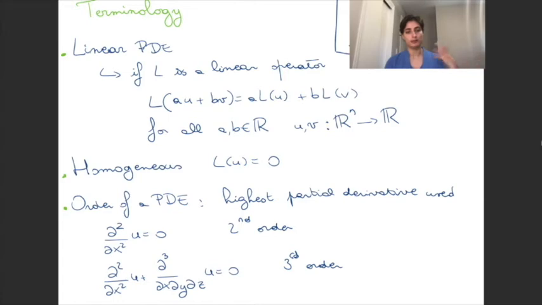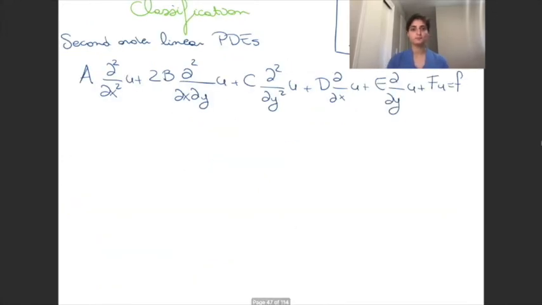So for example, second derivative of u with respect to x is a second order PDE. Second derivative with respect to x of u plus third derivative with respect to x, y, and z of u equals 0 is third order because your second term is of higher order than your first term, even if the second term is mixed. We will spend a lot of time, pretty much all the time that we have in this course, talking about second order linear PDEs.